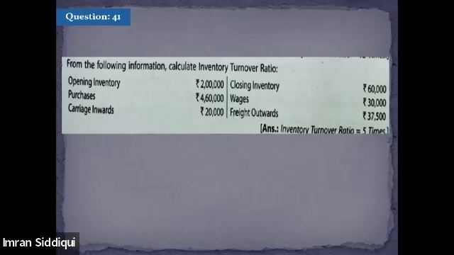Yeah, because cost of goods sold is not given, and the average inventory is also not given. But average inventory can be easily determined since the opening inventory and closing inventory are given. You just have to add them and divide by 2. You will get the value of the average inventory.